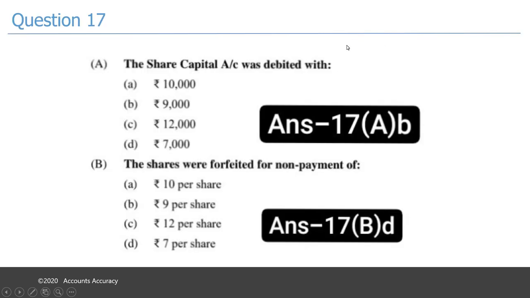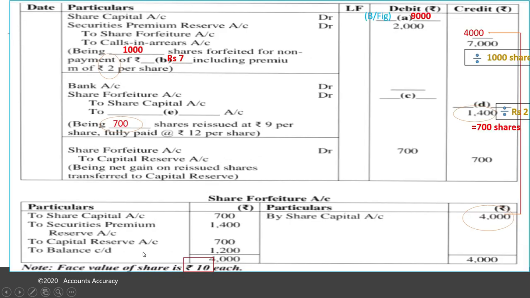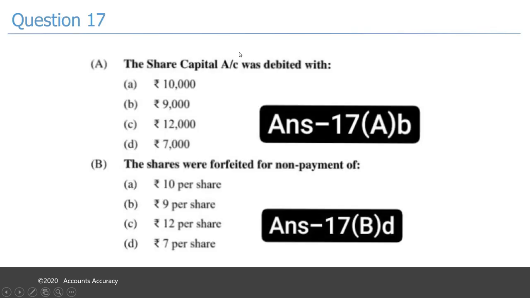Our next question is: shares were forfeited for non-payment of what amount? So 7 rupees, that we also calculated here, that 7 rupees is the non-payment on forfeited shares. So D is the correct answer.